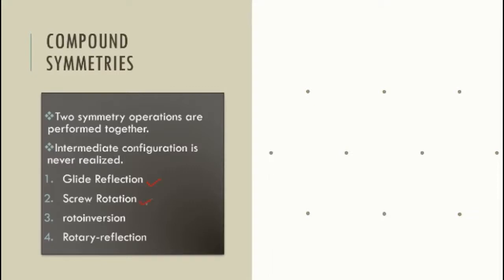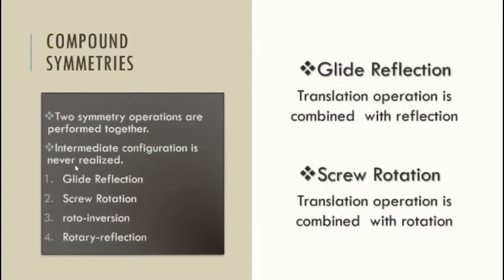It is important to tell you here, in compound symmetry operations, two symmetry operations are used together in combination and the intermediate configuration resulting in between the two symmetry operations is not realized. Therefore, basically, compound symmetry operations are single symmetry operations.